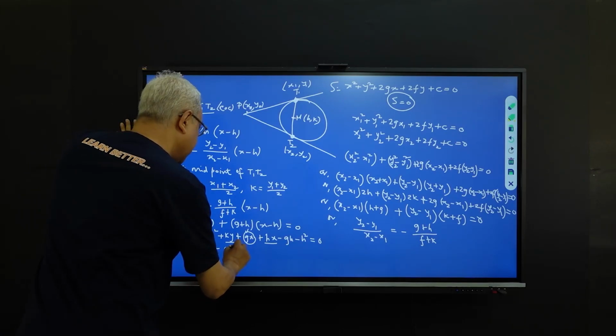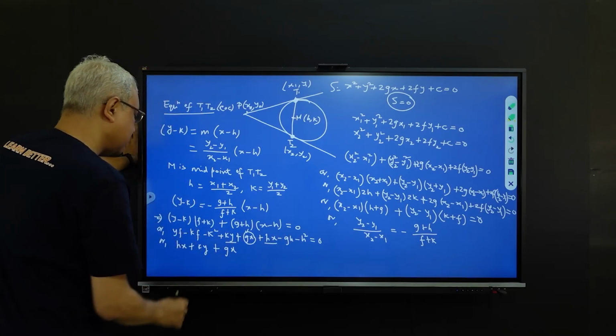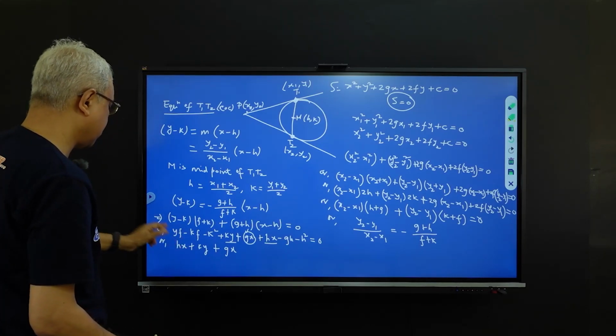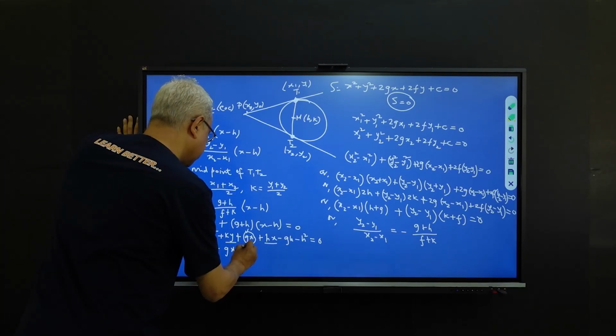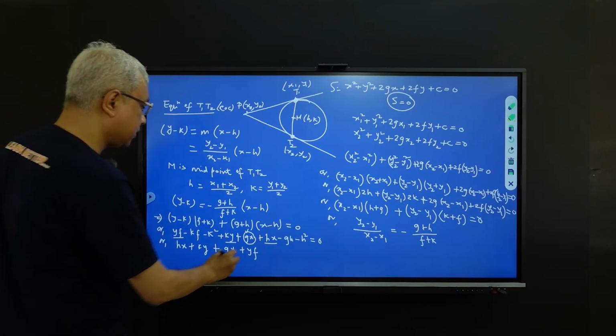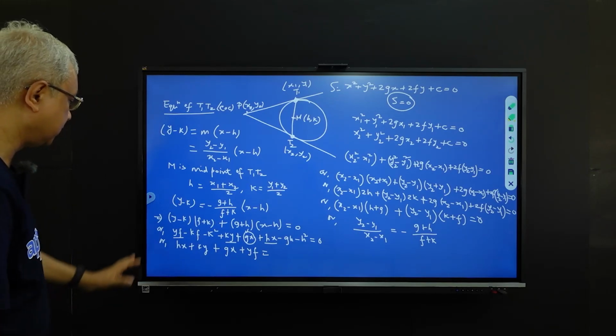Then I take this term gx and yf, this term. So I am left with whatever terms; I bring them to the other side of the equation.